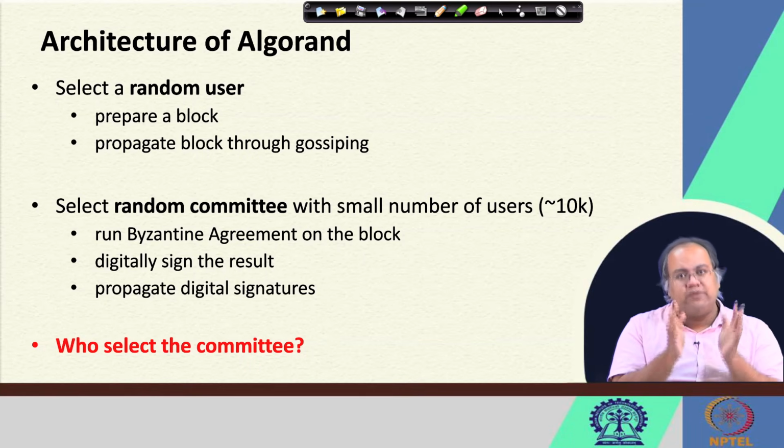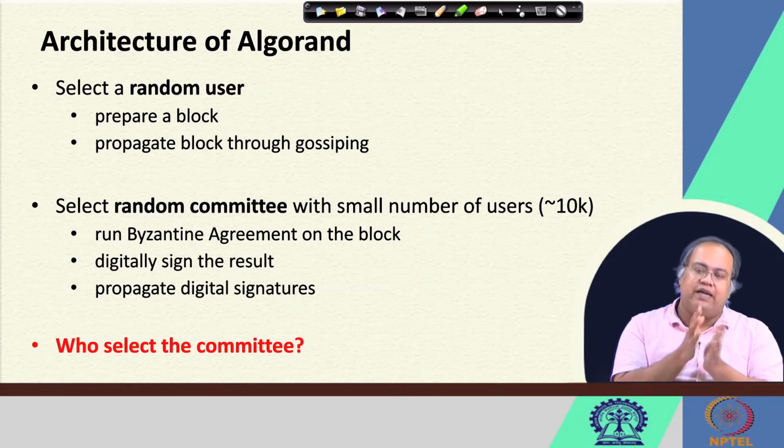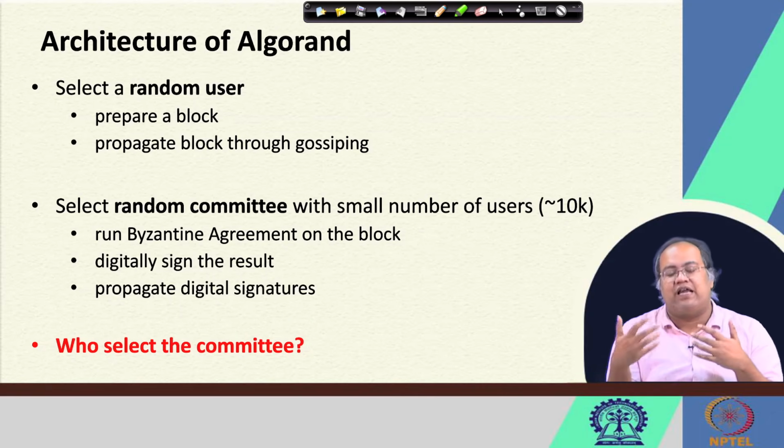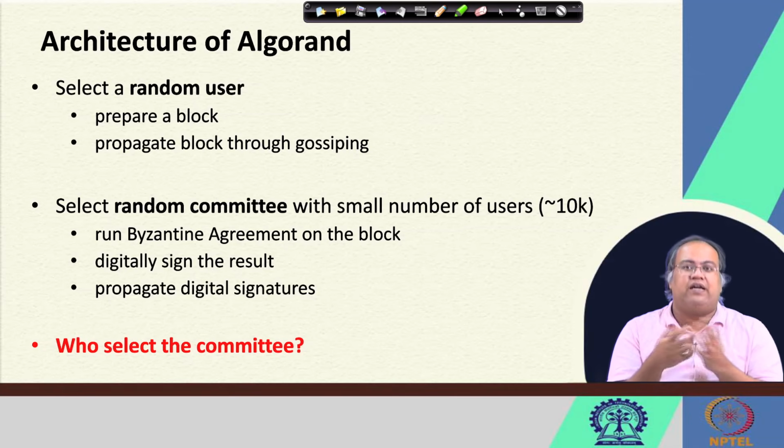Because of certain randomness, and the inherent assumption is that majority of the participants in the system are honest, and that needs to be, because unless majority of the participants in the system are honest, a society cannot run, right. That is the inherent assumption behind any society, that the majority is good.